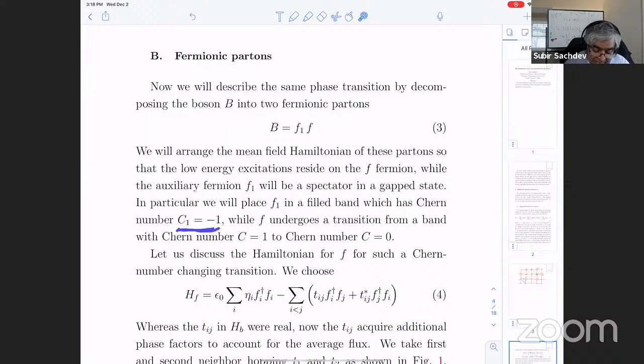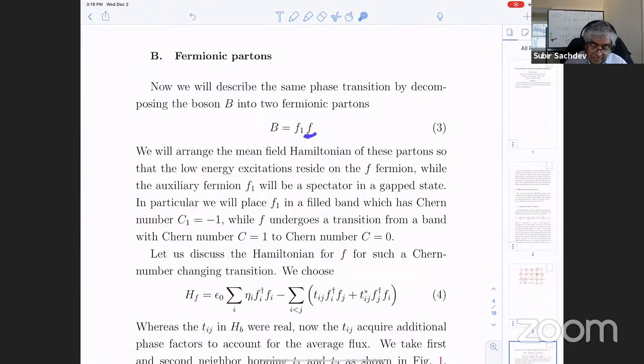What we're going to say is that the F1 fermion is always in a Chern number -1 band. So we just put it in some deep band and we forget about it. All we know is that it has Chern number -1. But it could have some effects on the edges, and we'll of course have to bring them to bear.